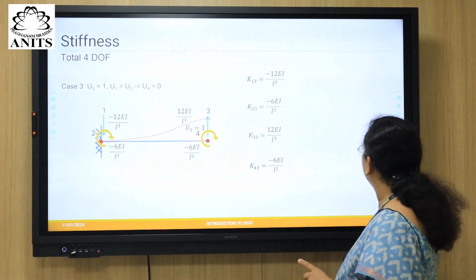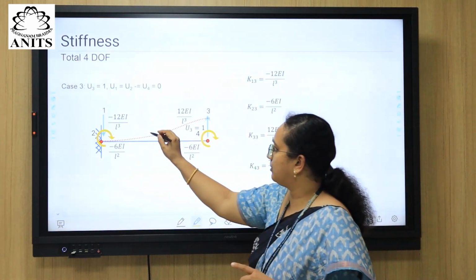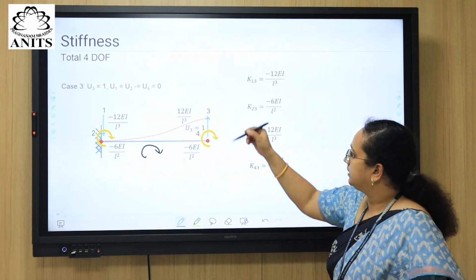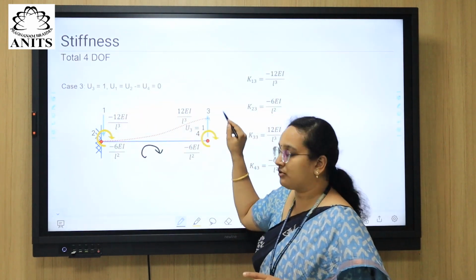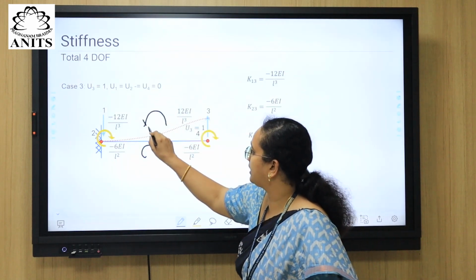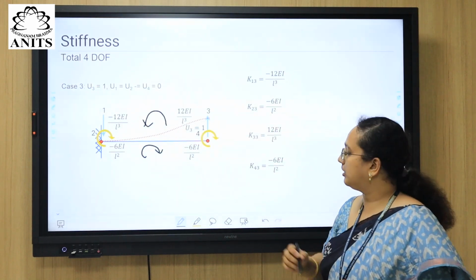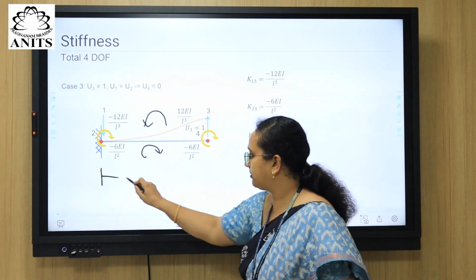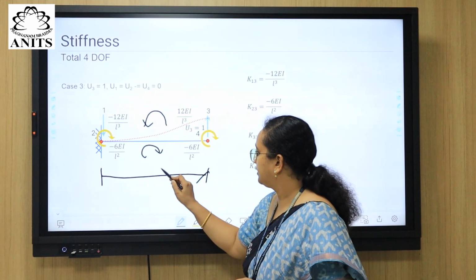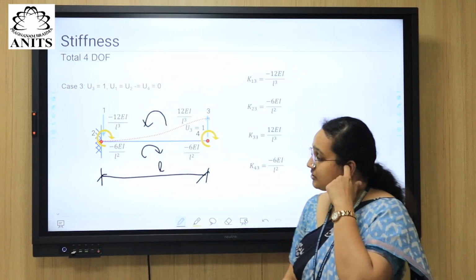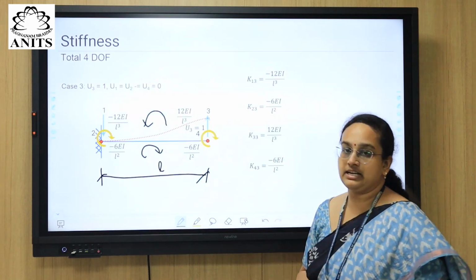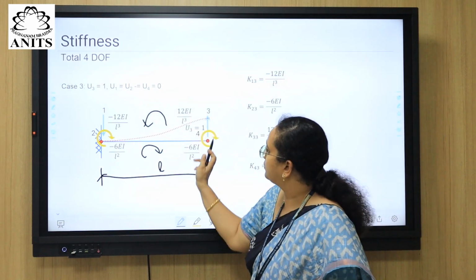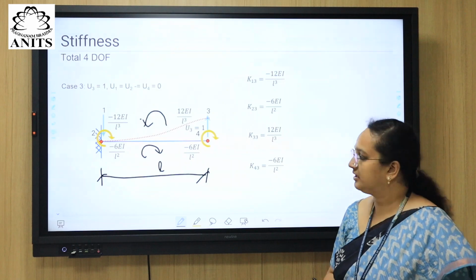When the total moment that is being developed internally is a clockwise moment, the vertical forces should develop an anti-clockwise moment from the couple that is being formed, separated by a distance of L, right? So that is 12 EI by L cube, because 6 EI by L square by L will give you the force. Now this is causing an anti-clockwise moment, right?